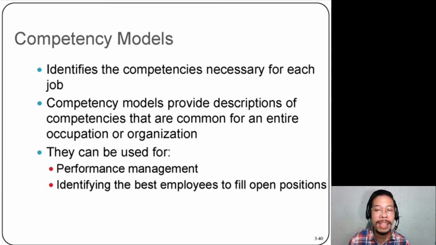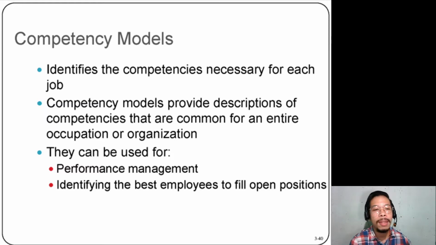Right? Another aspect of task analysis is what we call competency models. So these competency models identify the competencies necessary for each job. So for the job of a call center agent, BPO, or customer service representative, what will be the necessary competencies, skills, and abilities in order to perform the job?